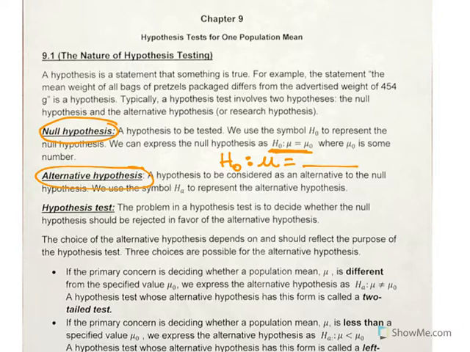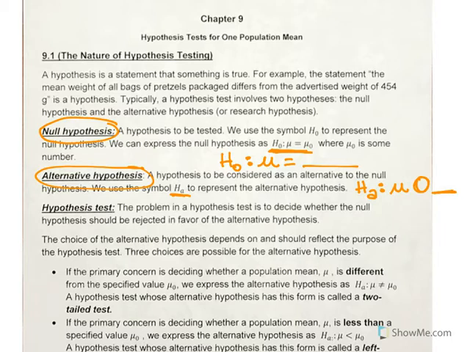Our alternative hypothesis will be written with H sub lowercase a. H sub a. And it too will begin with colon lowercase u, and you'll have some type of symbol and some number, okay?